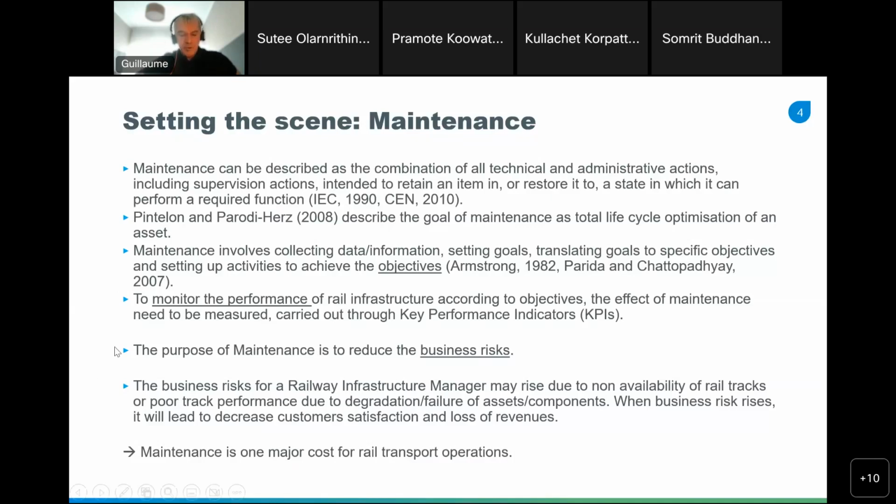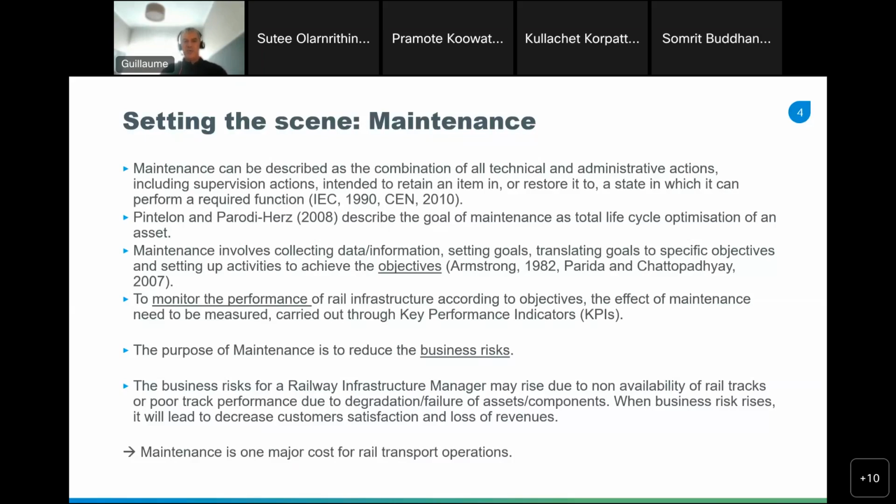So the main purpose of maintenance is to reduce the business risk. For the railway, the business risk is seen by what we call infrastructure managers, who are the ones responsible for and owners of the infrastructure assets.